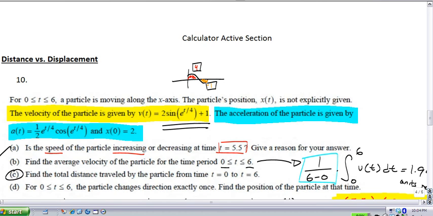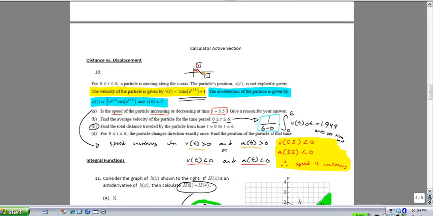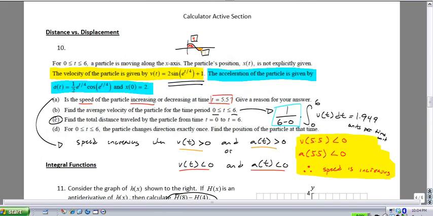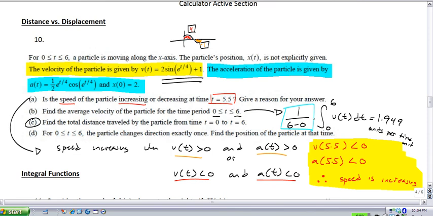So one way to answer a question like part C is to figure out what section of your graph has positive area, what section has negative, and make sure they all end up positive. The other is, if you integrate the absolute value of velocity, you'll always get distance.